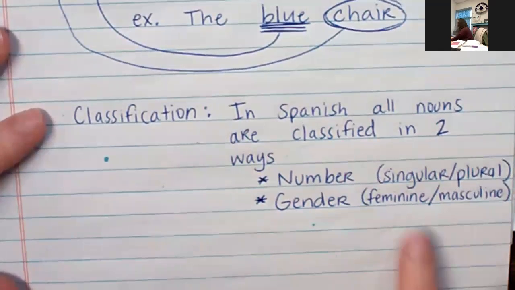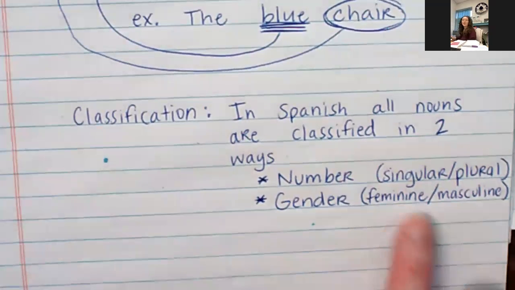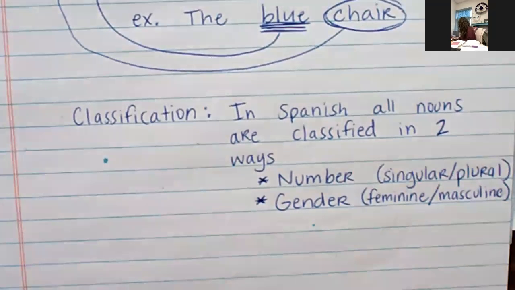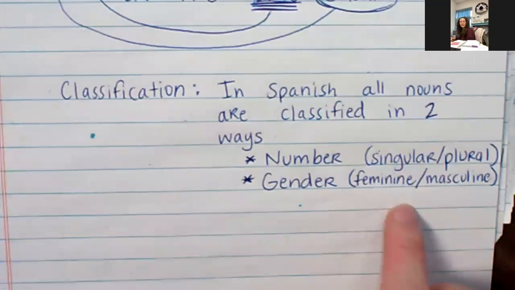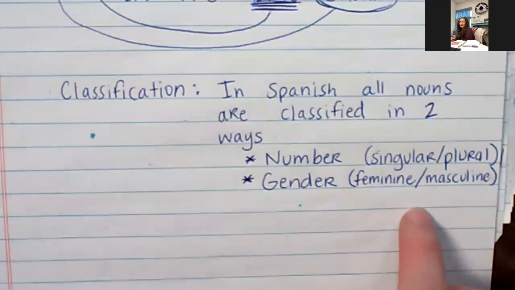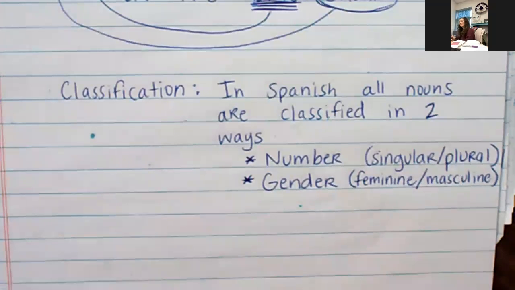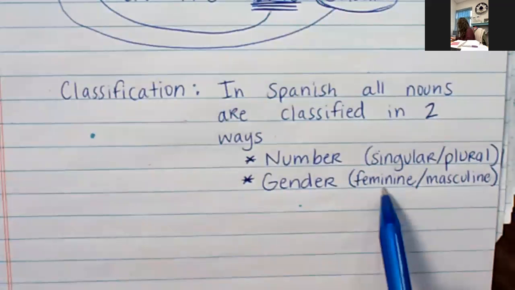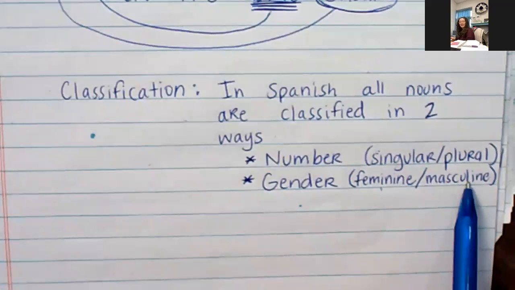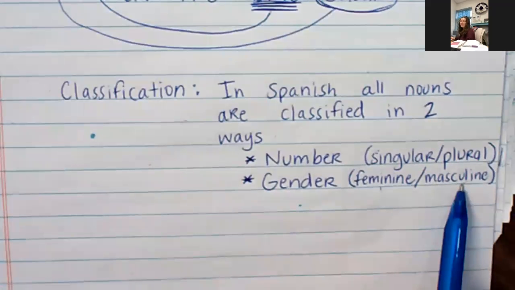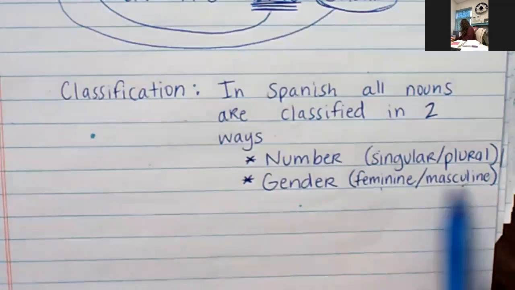Now, I've talked about this in some of my other videos, but just in case you haven't watched them, gender for our nouns is more specifically based on how the words are spelled. So if it's feminine, it's going to end in A or AS. If it's masculine, it will typically end in a consonant or O or OS-ES, one of those two.